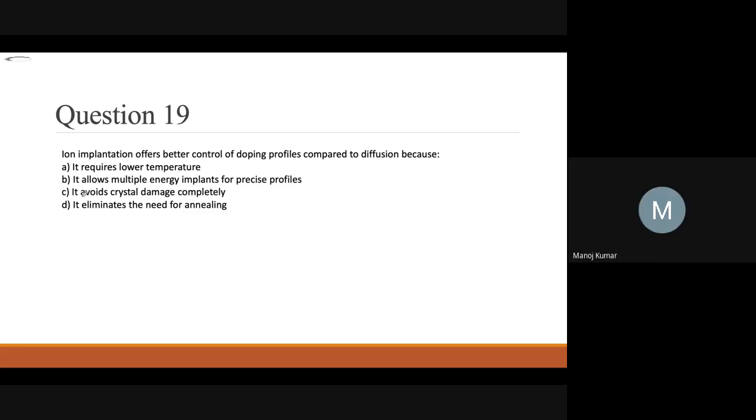Option B, ma'am. Yes, option B is the right option. It allows multiple energy implants for precise profiles.